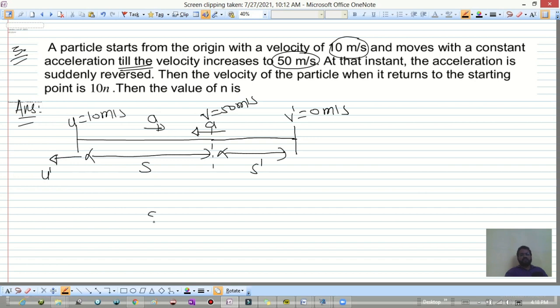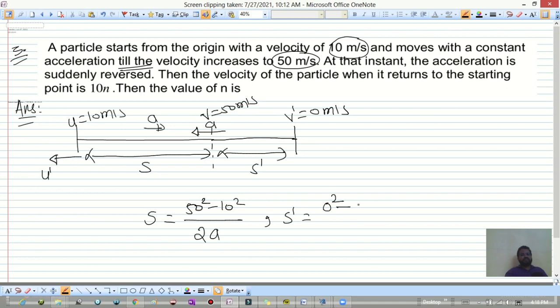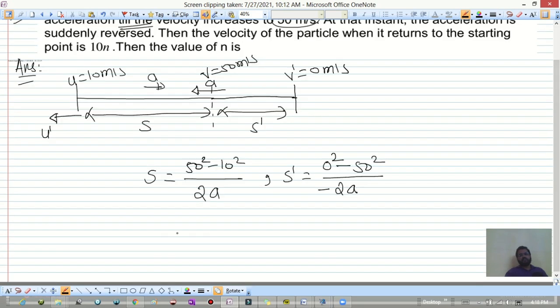So s is equal to, we can write, final velocity 50 squared minus initial velocity 10 squared divided by 2a. Then s dash is equal to final velocity 0 squared minus initial velocity 50 squared divided by 2a, but a over here is negative, so you will get negative, negative, positive.